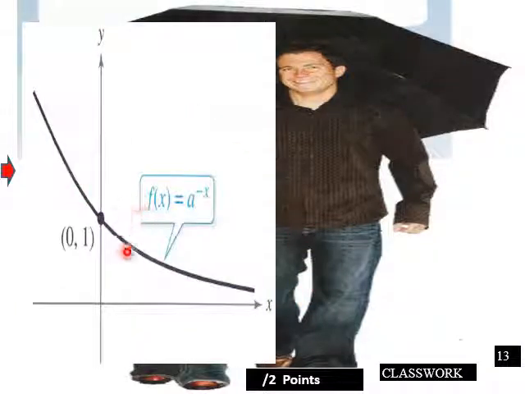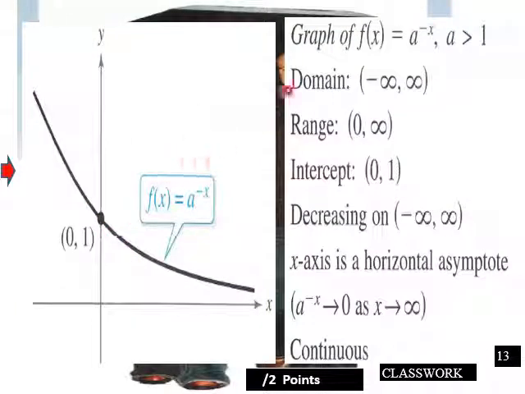And then a to the negative x. We have something of the same thing here. The difference is it's decreasing now. From negative infinity to positive infinity, it's decreasing instead of increasing, where a to the positive x would be increasing.